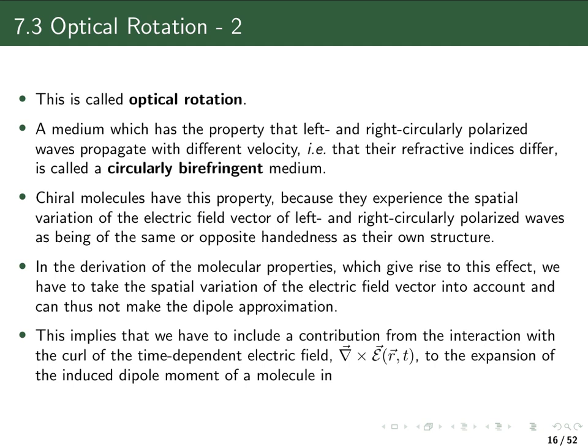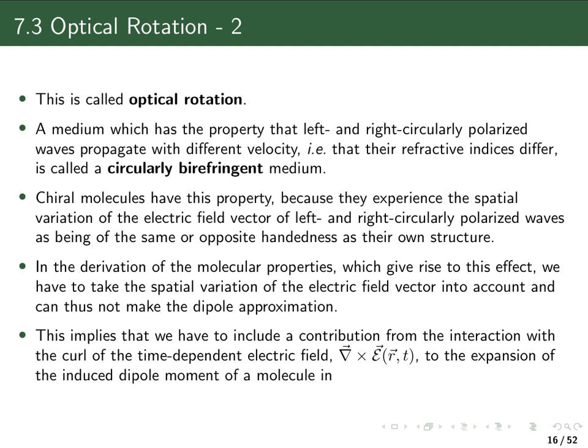So here the perturbation is not only going to be the uniform electric field, that of course would lead again to the polarizability, but the non-uniform electric field, or more precisely the variation of the field over the extent of the molecule, meaning the spatial derivative of the field, or the field gradient, and we will express it here in terms of the curl of the time-dependent electric field.